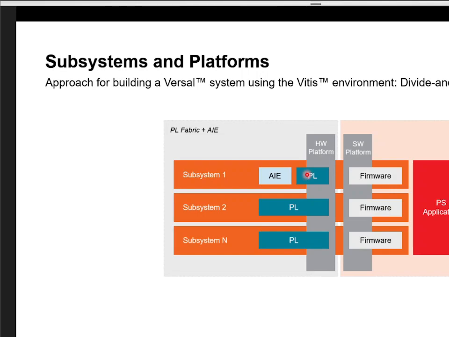In this example, we have 3 subsystems. If you look at subsystem 1, this one contains an AI engine block, and it contains programmable logic. And this programmable logic can be created by the HLS tool, so this will reside in the programmable logic. And from the firmware, from the software side, we always have the firmware-based parts.